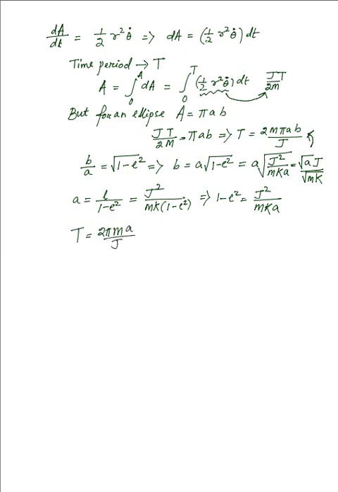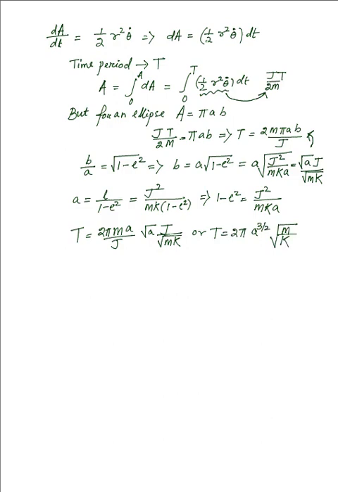And as far as b is concerned, we substitute the value of b that we have obtained, root a times j divided by root over of mk, and we get T to be equal to 2 pi a to the power 3 by 2 times root of m divided by k.